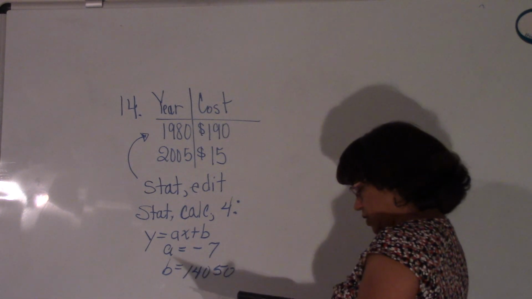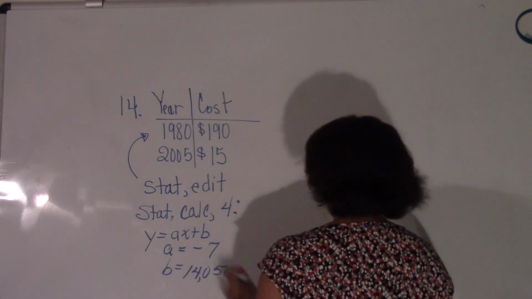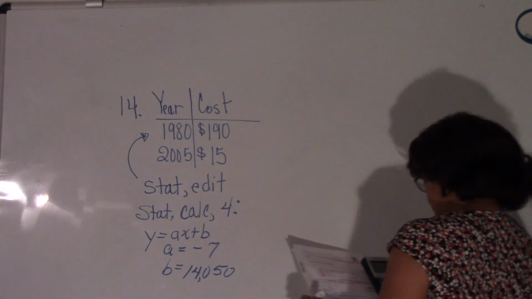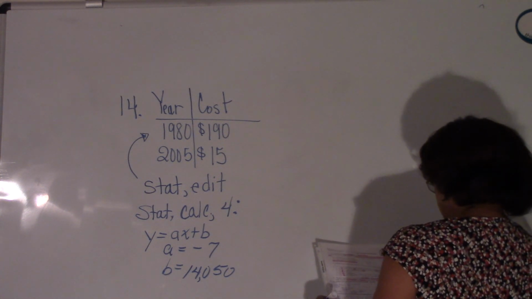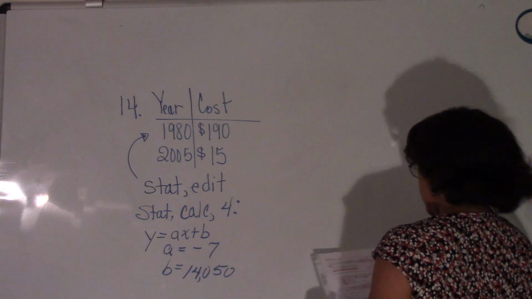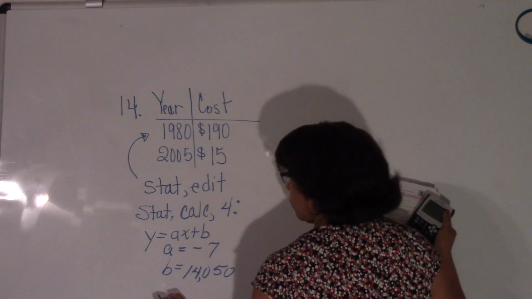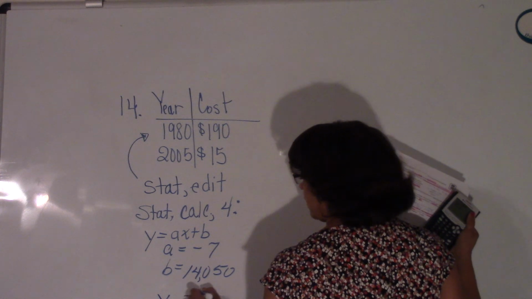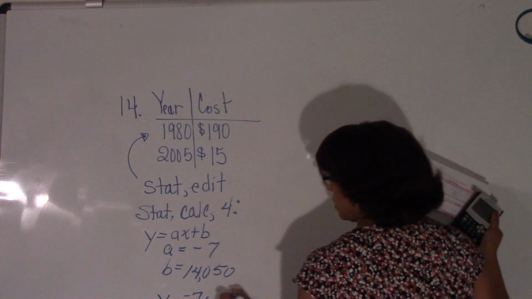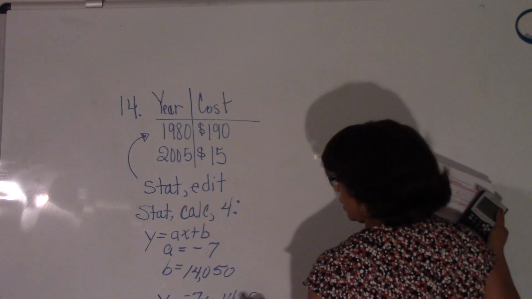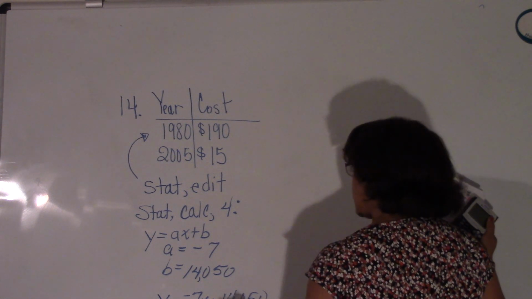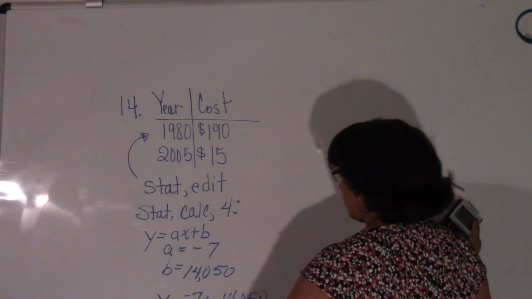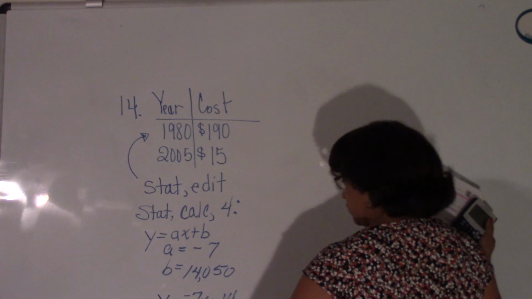So that's 14,050, and we're going to put that equation into the y equals part of your calculator. So you go to y equals, and you put in -7x plus 14050. Don't put the comma, because sometimes when you put commas in the calculator, it reads it as a process of trying to do something else.